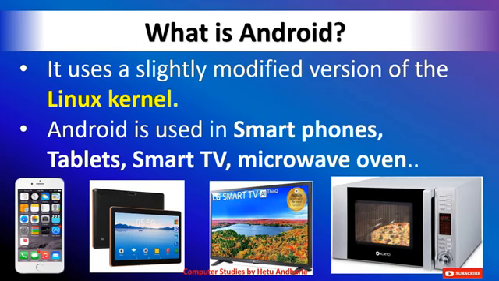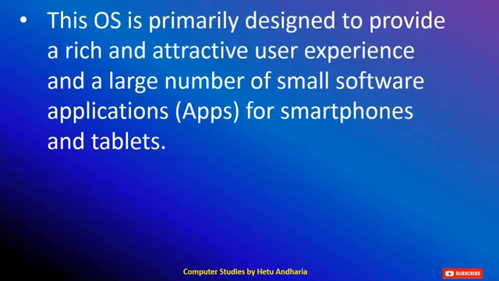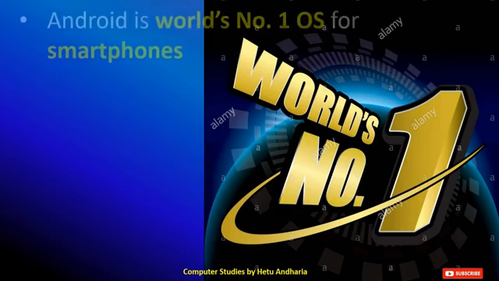Android is used in smartphones, tablets, smart TV and microwave oven also. This operating system is primarily designed to provide a rich and attractive user experience and a large number of small software, that is applications, apps for the smartphones and tablets.